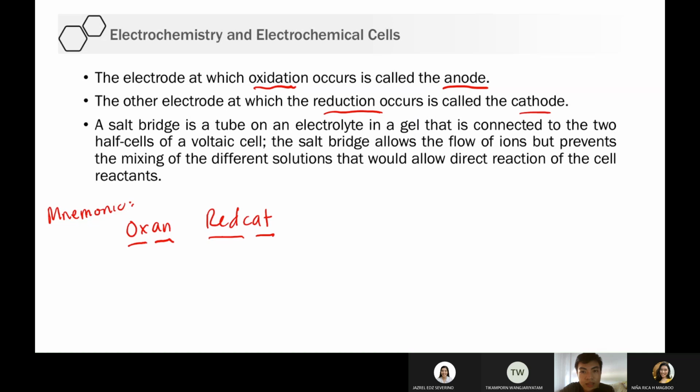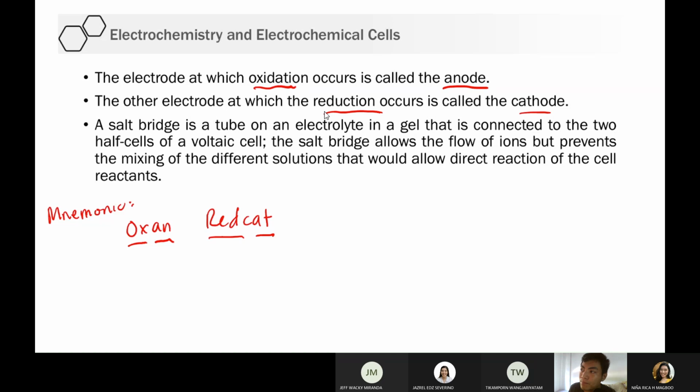By this time you should know what oxidation and reduction are. Oxidation is the process wherein the atom will lose electrons, which means its oxidation number will increase over time. Reduction is a reaction wherein the oxidation number of atoms decreases.